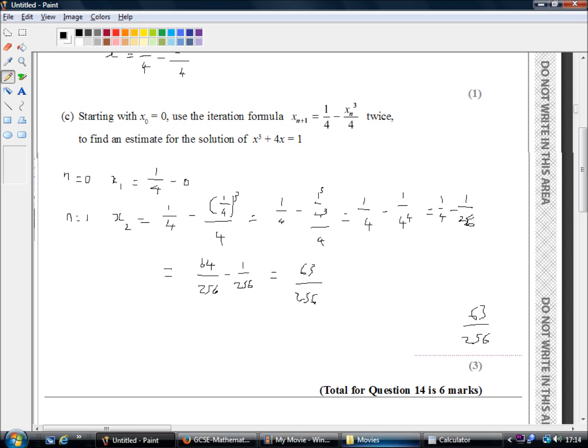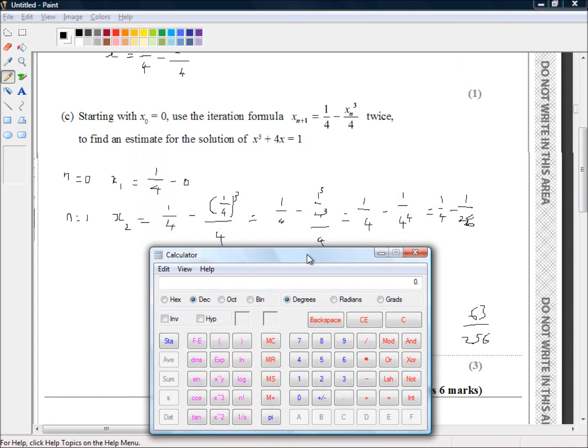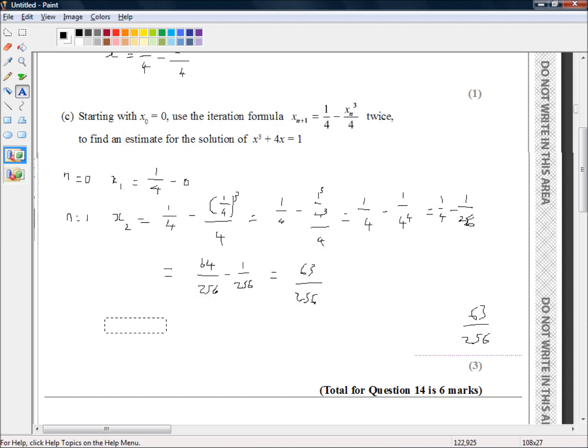In fact, let's grab the calculator anyway, and let's do it as if we didn't know that. So we've got 1 over 4 equals 0.25 minus, open brackets, 1 over 4 cubed divided by 4, and that's equal to, in fact I'm just going to copy that and I'm going to paste that.